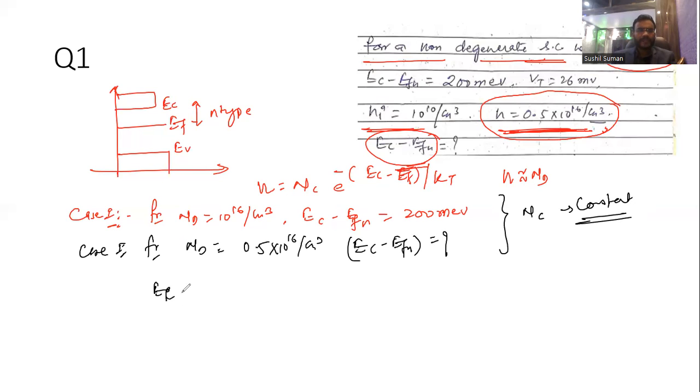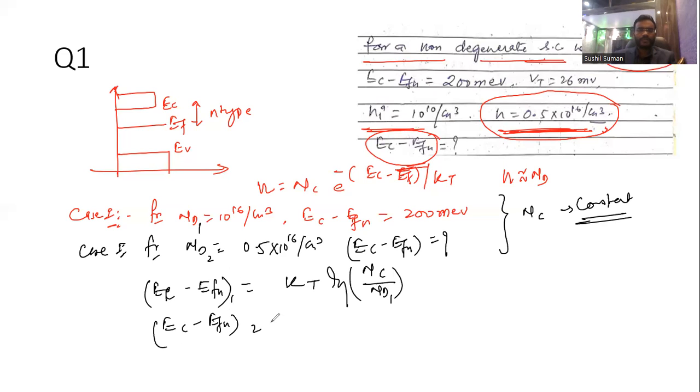So EC minus EFN equals KT ln NC upon ND. Let's say this is ND1, this is ND2, and this is equation 1. Now EC minus EFN2 we have to find, so this is KT ln NC upon ND2.